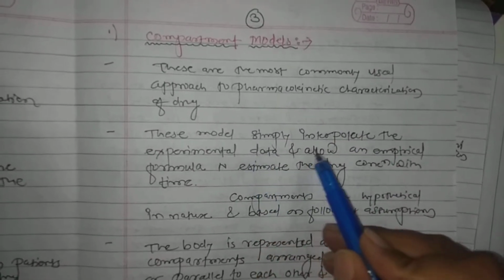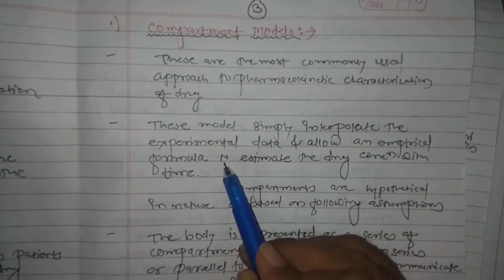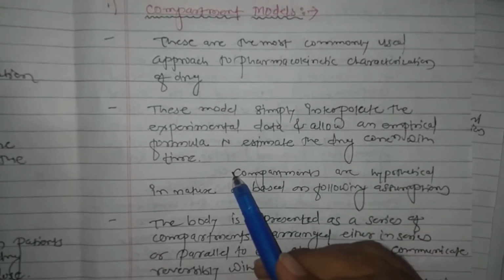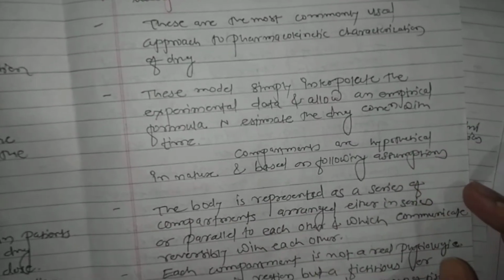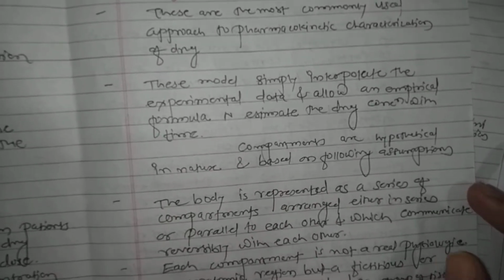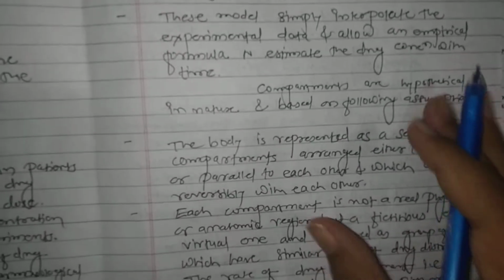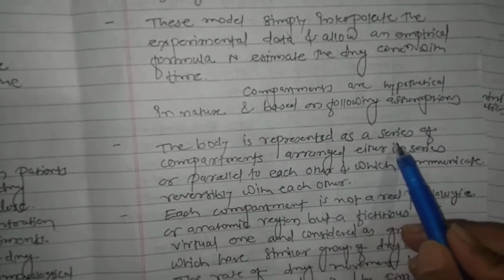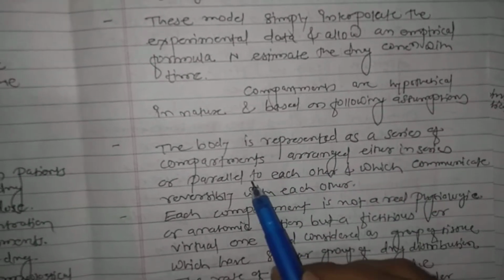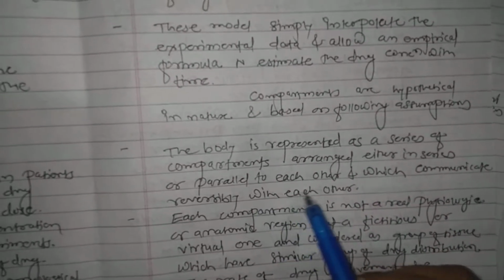These models simply interpolate the experimental data and allow an empirical formula to estimate the concentration of drug with time. Compartments are hypothetical concepts and assumptions in nature, based on the following assumptions. The body is represented as a series of compartments arranged either in series or in parallel to each other, and which communicate reversibly with each other.